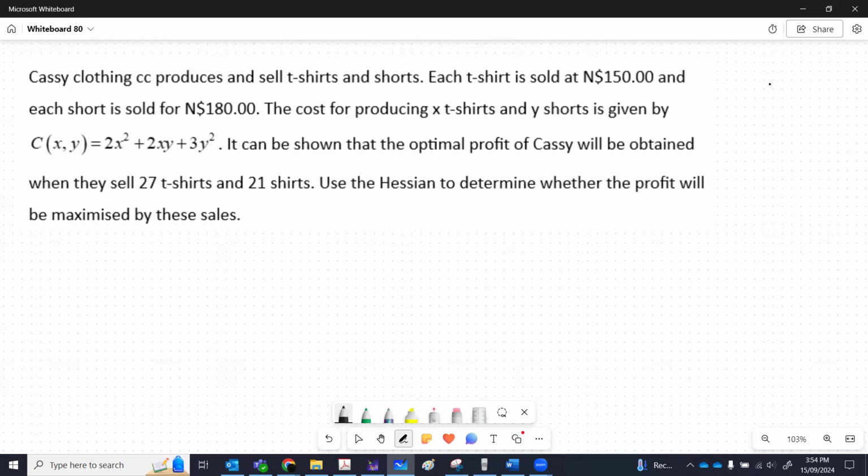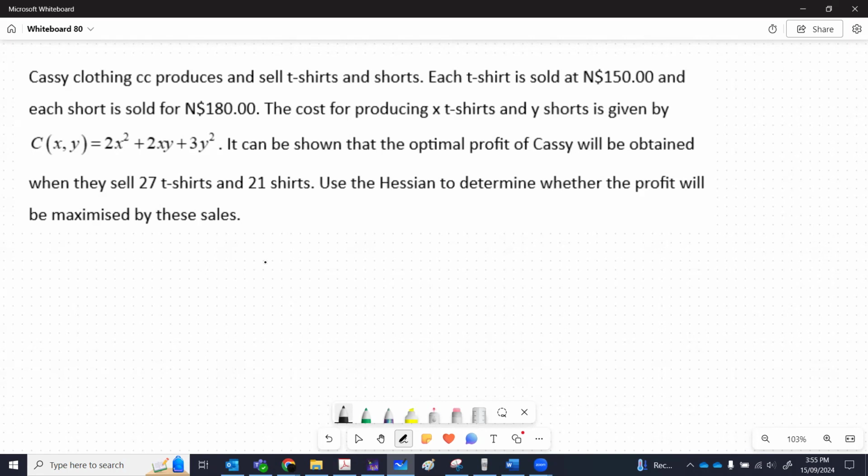So the question says, Cassie Clothing produces and sells t-shirts and shorts. Each t-shirt is sold for $150 and each short for $180. The cost of producing X t-shirts and Y shorts is given by our formula C. Then it can be shown that the optimal profit of Cassie will be obtained by selling 27 t-shirts and 21 shorts.